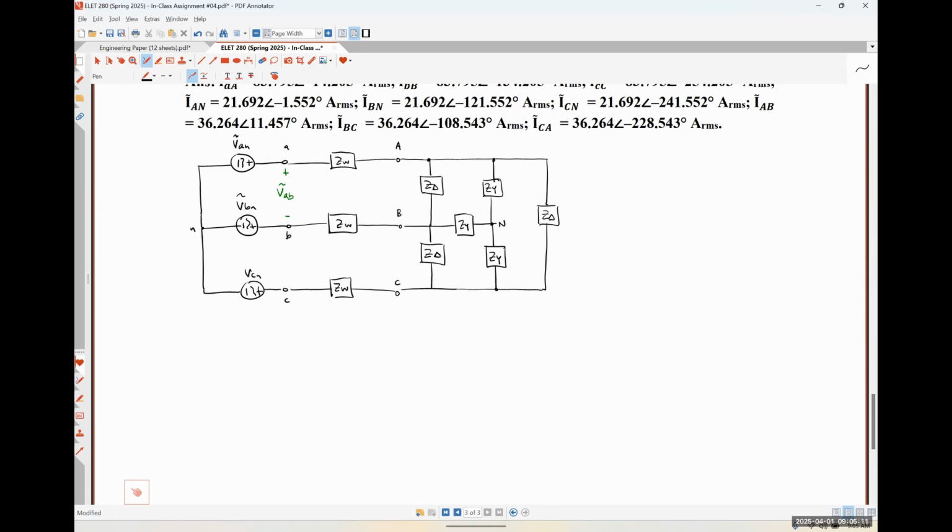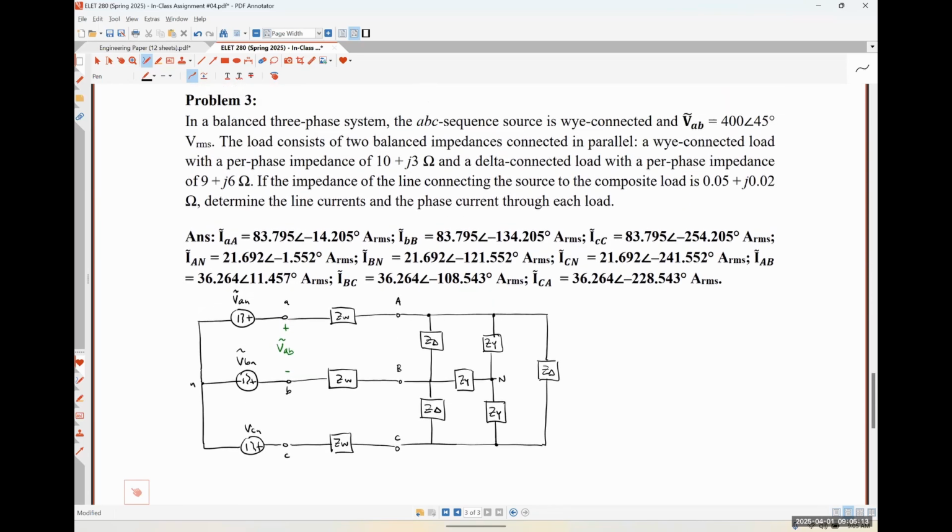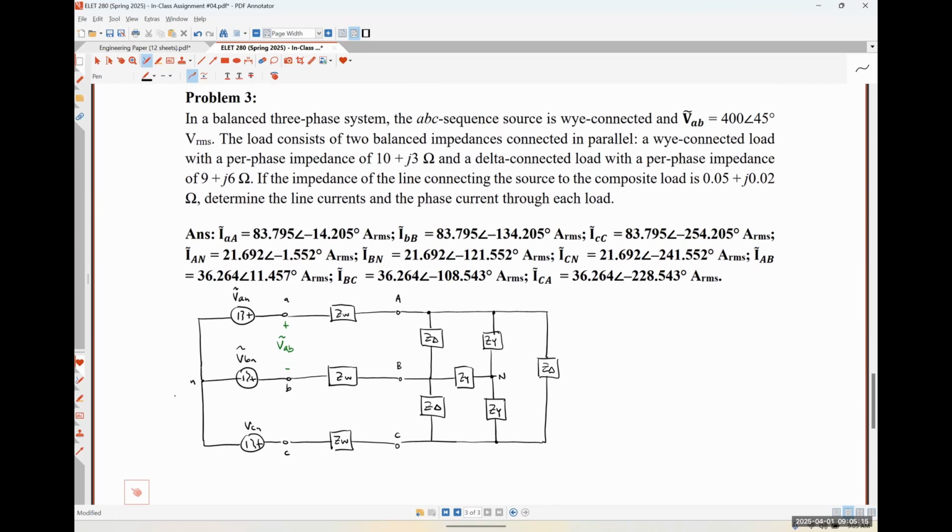Okay, so all I'm going to do here is the same thing I've done on the last couple of things. I'm just going to write down our known information, identify what we're trying to solve for, and then we're going to try to sort stuff out. Okay, so we know that VAB is 400 angle 45 degrees volts RMS.